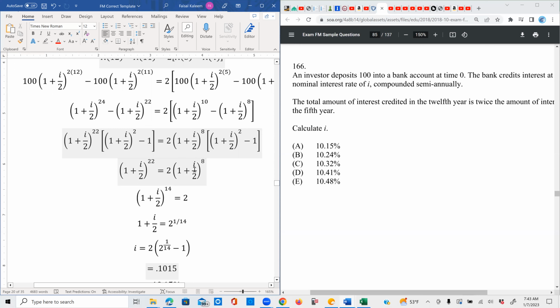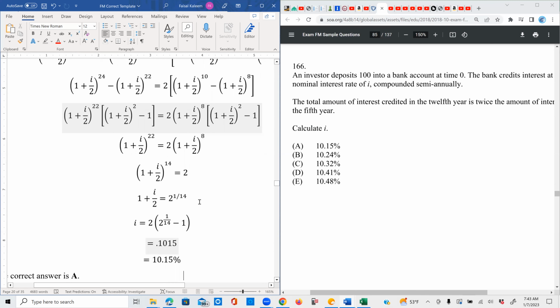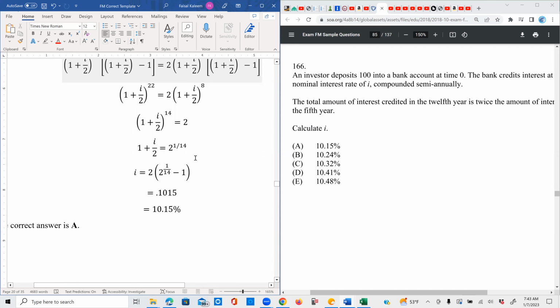And now when we divide both sides by (1 plus i/2) power 8, the 8 gets subtracted from the 22 and you're left with power 14. That's equal to 2. Now we take the 14th root of both sides, subtract 1, and multiply by 2. So i comes out to be 0.1015 or 10.15%, which is choice A.